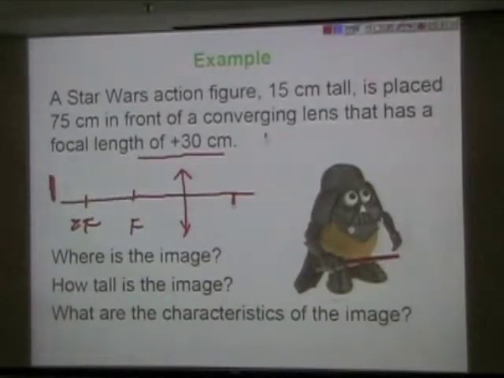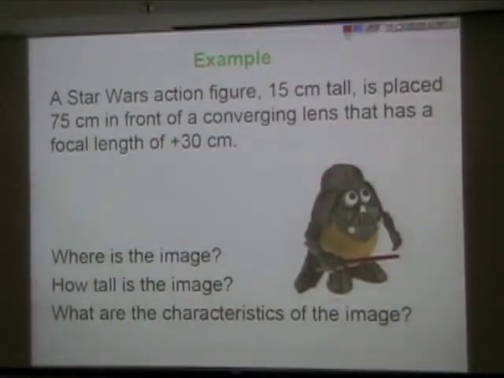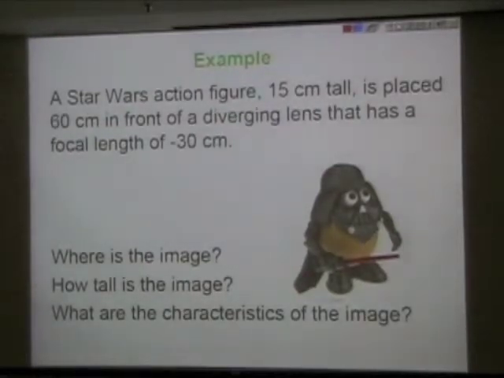And if we apply the thin lens equation, we can calculate everything. And one more, which is a divergent lens. Here, divergent lens. Negative 30 centimeters. So we start from a lens.